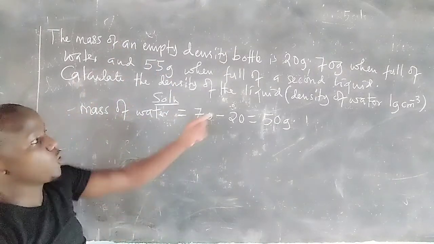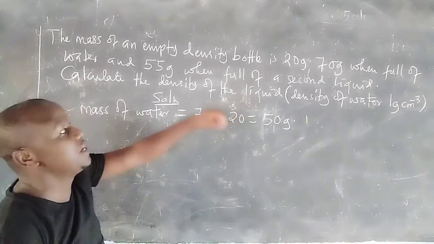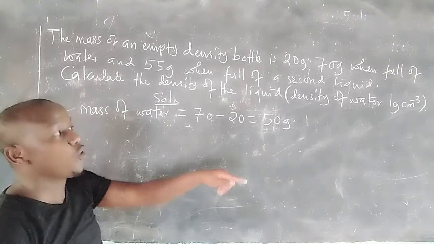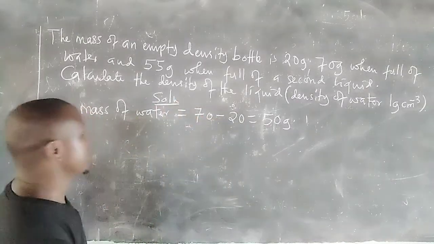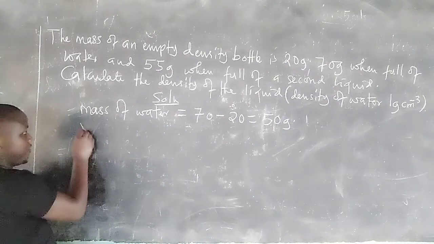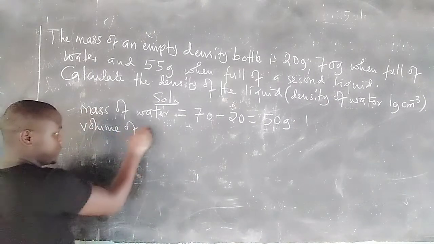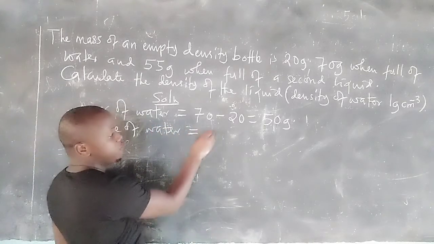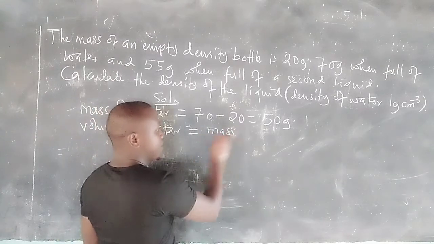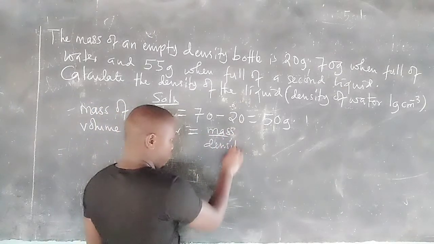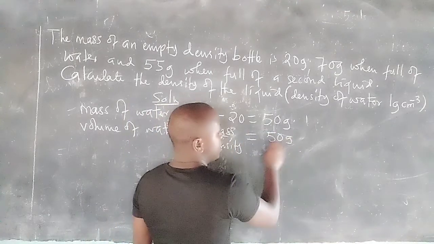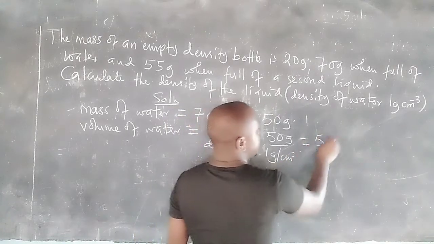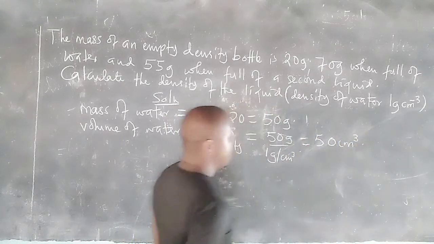And again, because the second liquid fills the same density bottle, then the volume of the second liquid will be the same as that volume of water. Therefore now, because we know that volume is given by mass divided by density, we can get volume of water. A mass of 50 grams divided by a density of 1 gram per cubic centimeter, we get a volume of 50 cubic centimeters.